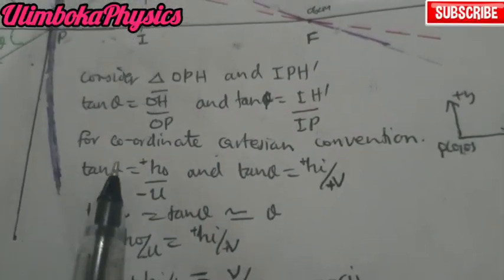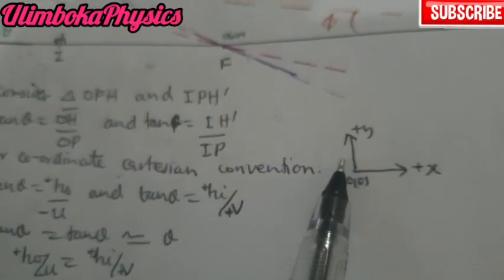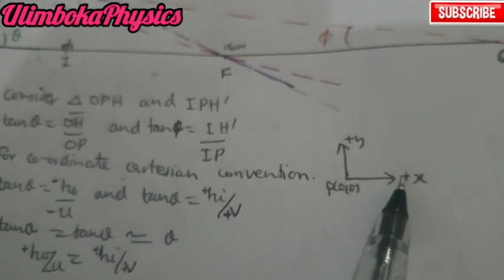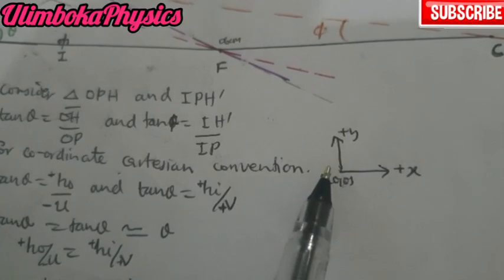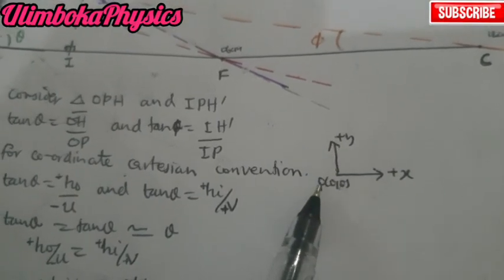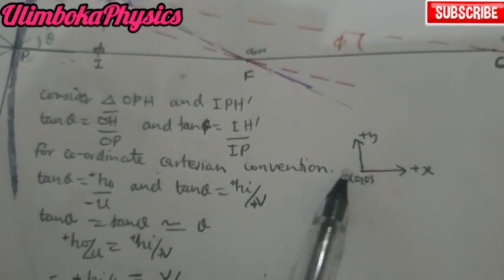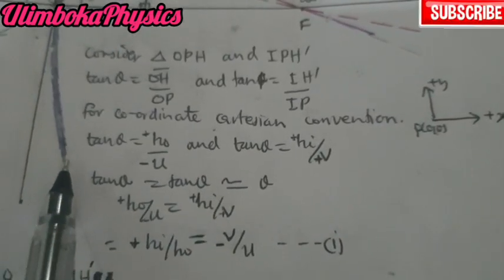According to Cartesian conventions, as you can see the direction here, this is the pole, and all displacement in the horizontal direction to the right is positive. Displacement in the vertical direction, upwards, is positive also, and the rest is negative.